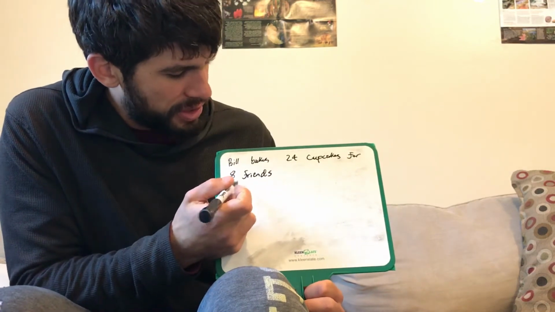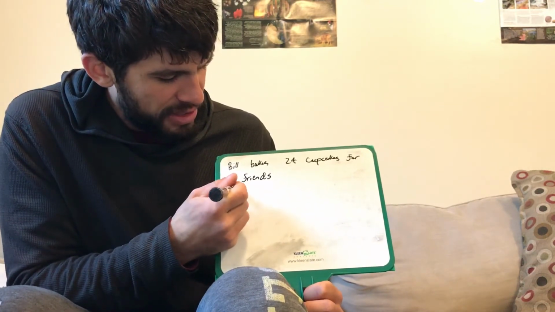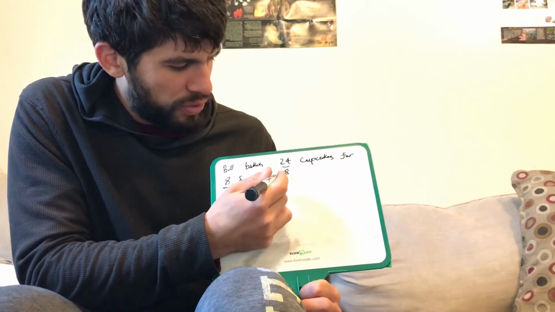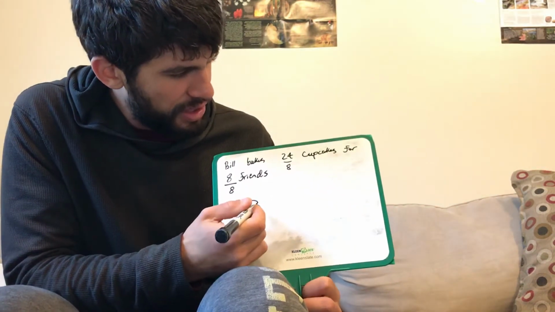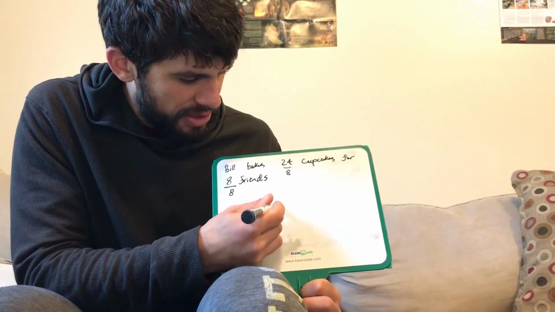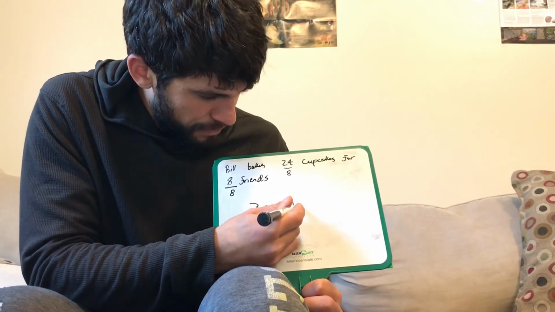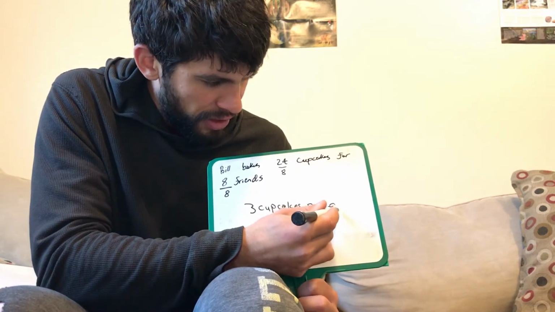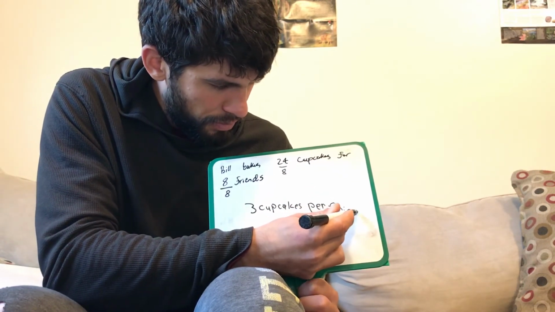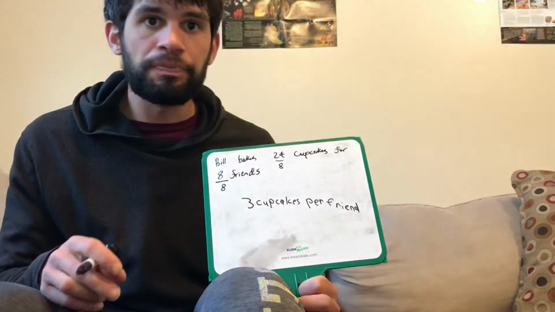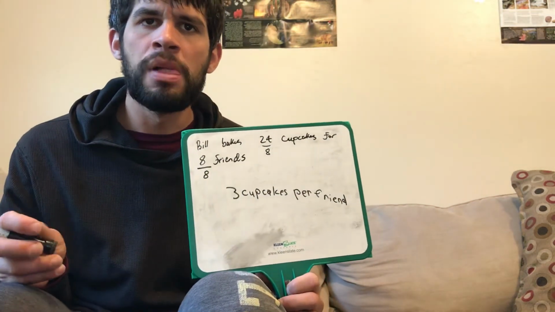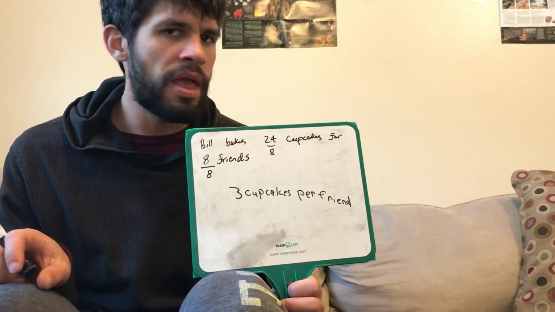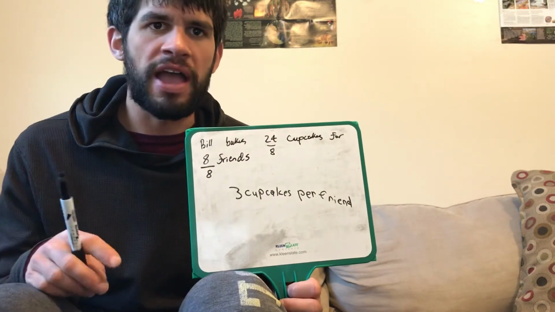So what we're going to do is just divide both sides by the second quantity, and 24 divided by 8 would be 3 cupcakes per friend. So that is a couple examples of unit rates, and that's all I have for you.